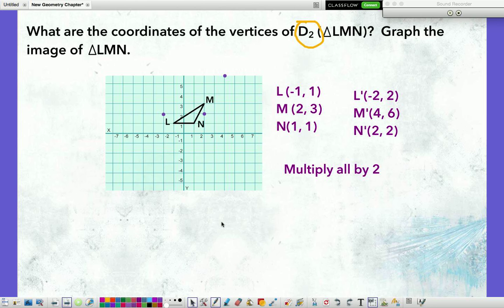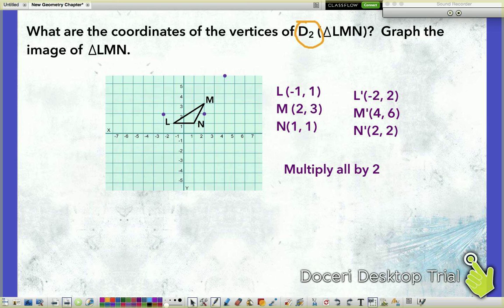Okay, so now we'll draw our shape. Let's undo that. Okay, so M prime, N prime, L prime.